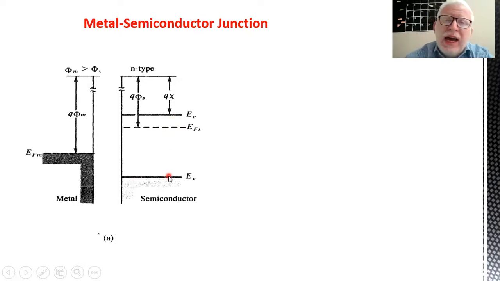But as long as this metal obeys the very basic thermodynamic equilibrium condition, it should have a Fermi level. Here we will call it EFM, the Fermi level for the metal. So we have EFS, which is the Fermi level for a semiconductor, and EFM, which is the Fermi level for the metal. But as you surely remember, in an energy band diagram we don't have an absolute energy.